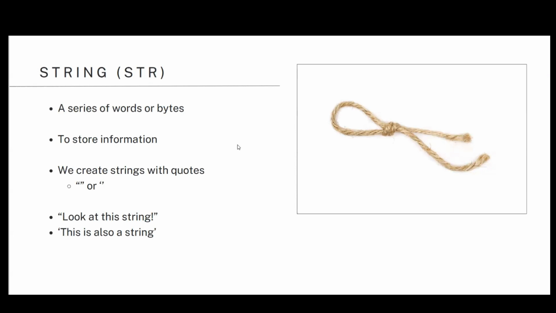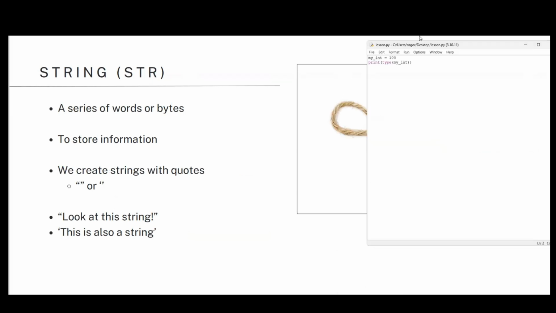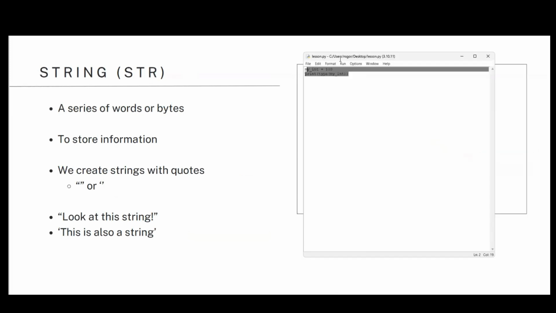Next, we have strings. So strings are essentially a series of words or bytes used to store information. So, for example, if I have some information I want to store, I would create a string by using either double quotes or single quotes.